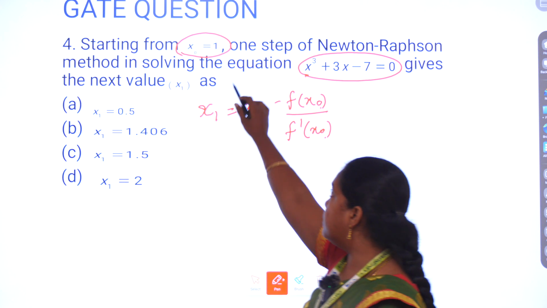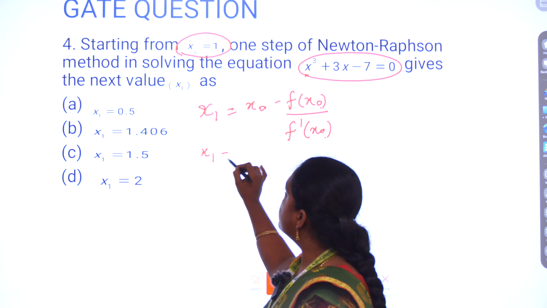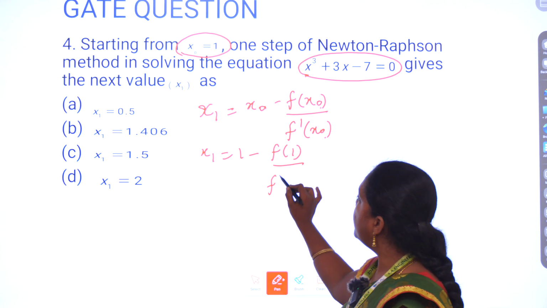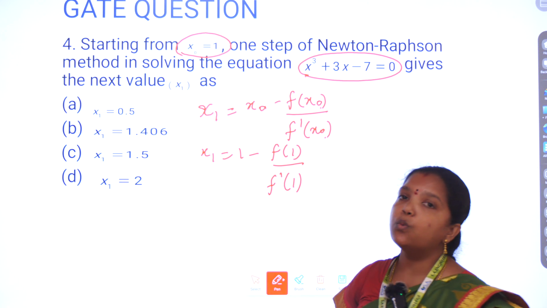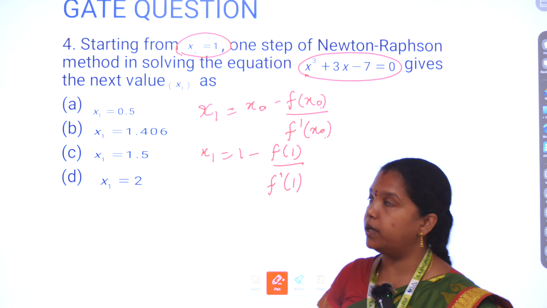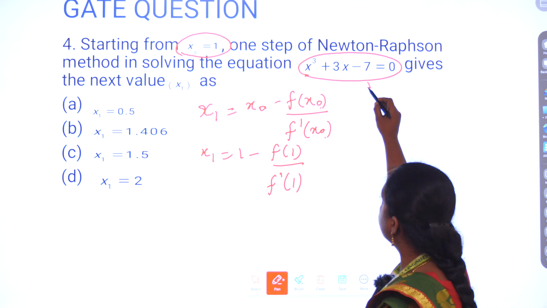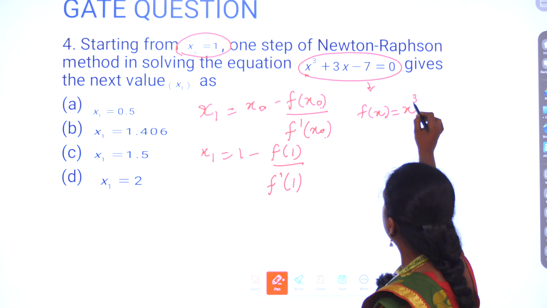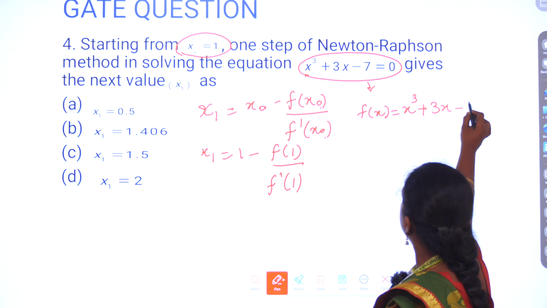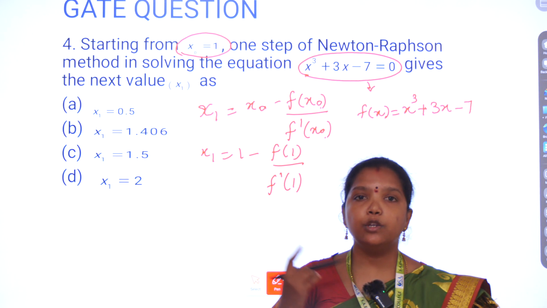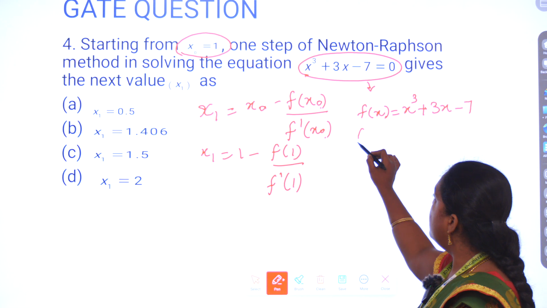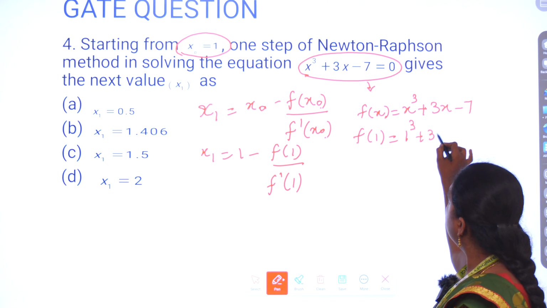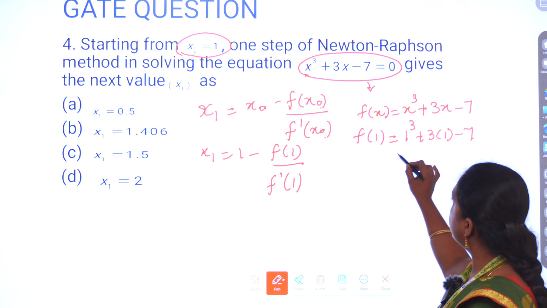So here the x0 is given to be 1. So 1 minus f of 1 divided by f dash of 1. So we need to know what is the f of 1 and f dash of 1. For this, the given equation, we consider that to be f of x, x cube plus 3x minus 7. In this equation, you substitute 1, we'll get the f of 1, 1 cube plus 3 into 1 minus 7.